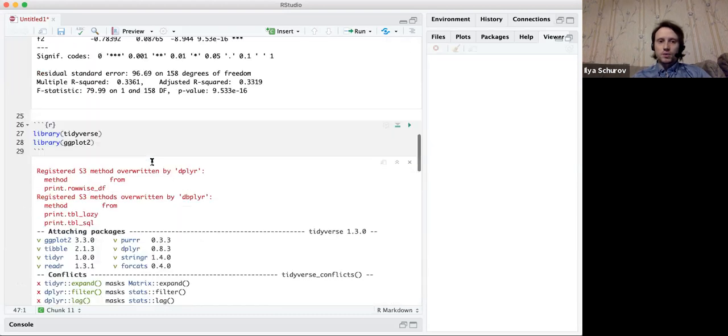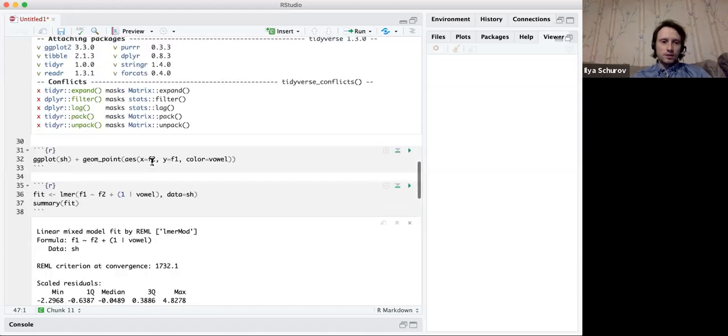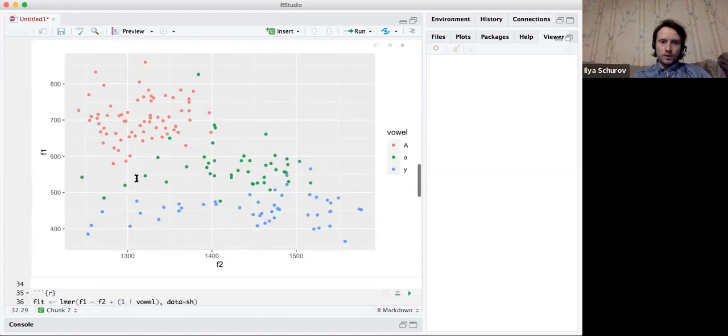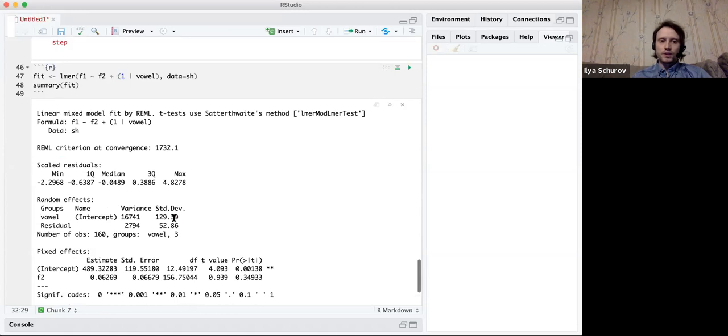This is actually what we have seen on this graph. So if we allow different intercepts for different groups, then we see that this line can be more or less horizontal. And this is exactly the result that we have here.